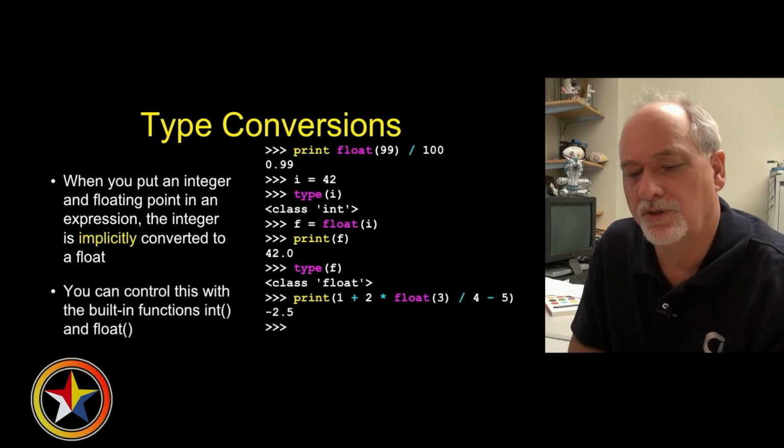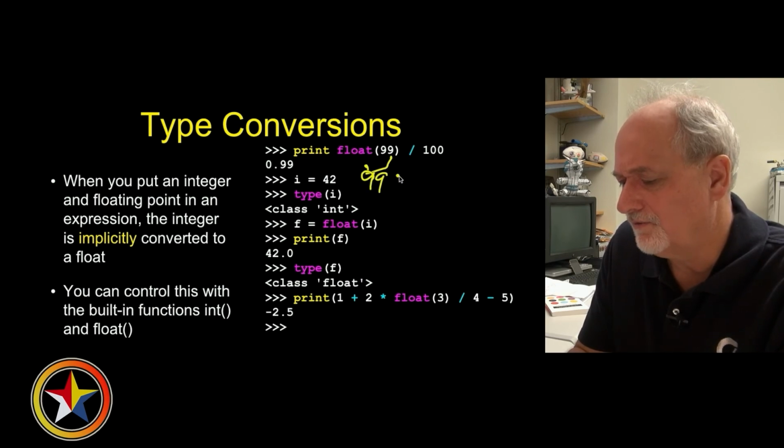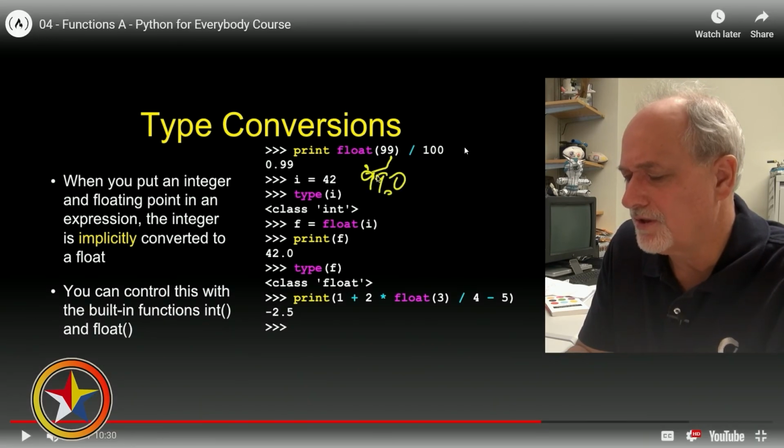We've got type conversions. We've got the float that takes an integer and returns a floating point version. So this is the built-in function, and 99 is the argument, right? So this is going to turn it into 99.0. So 99.0 divided by 100 is 0.99. So we've got I equals 42. What's the type of I?